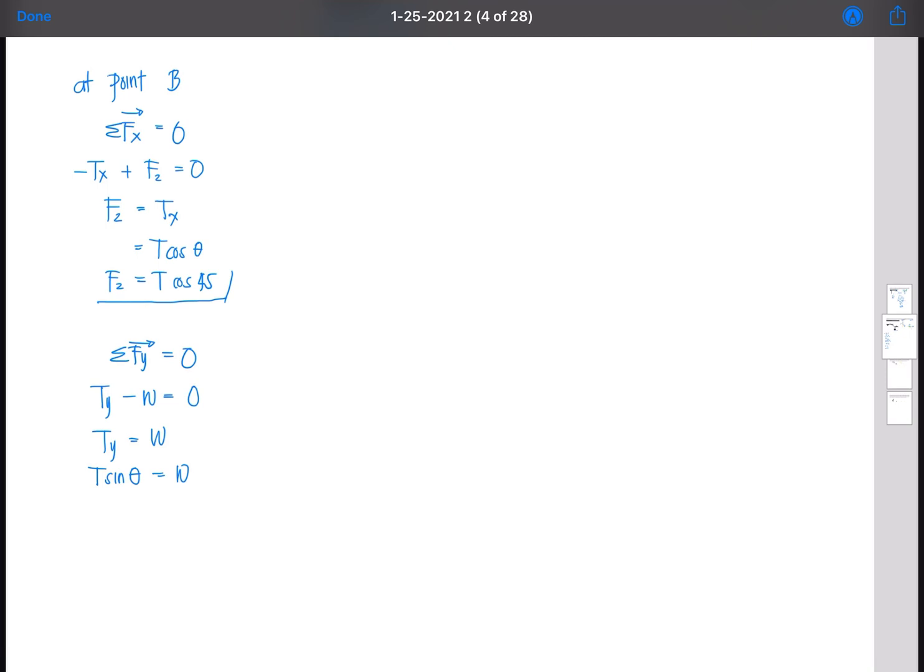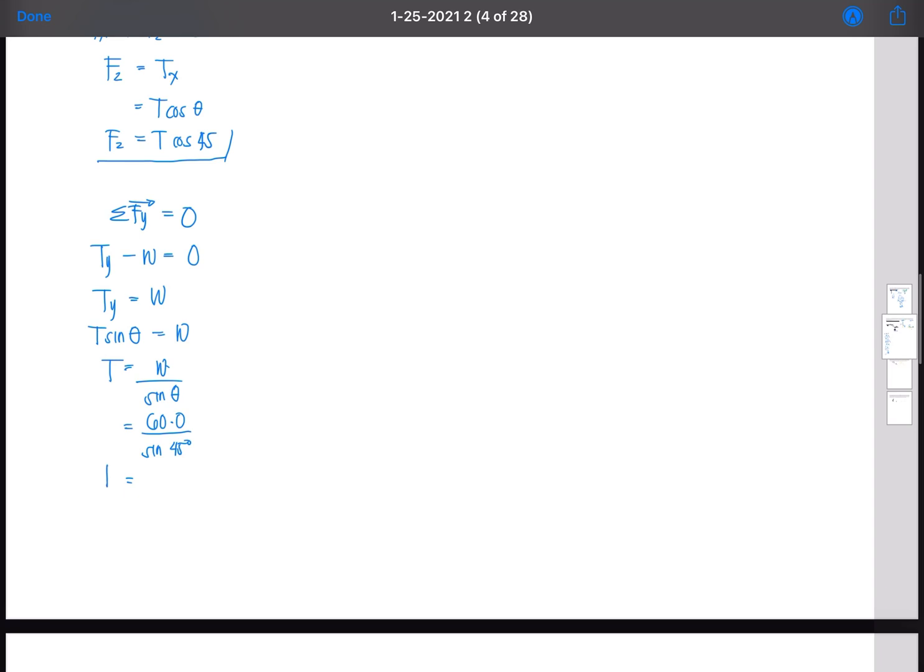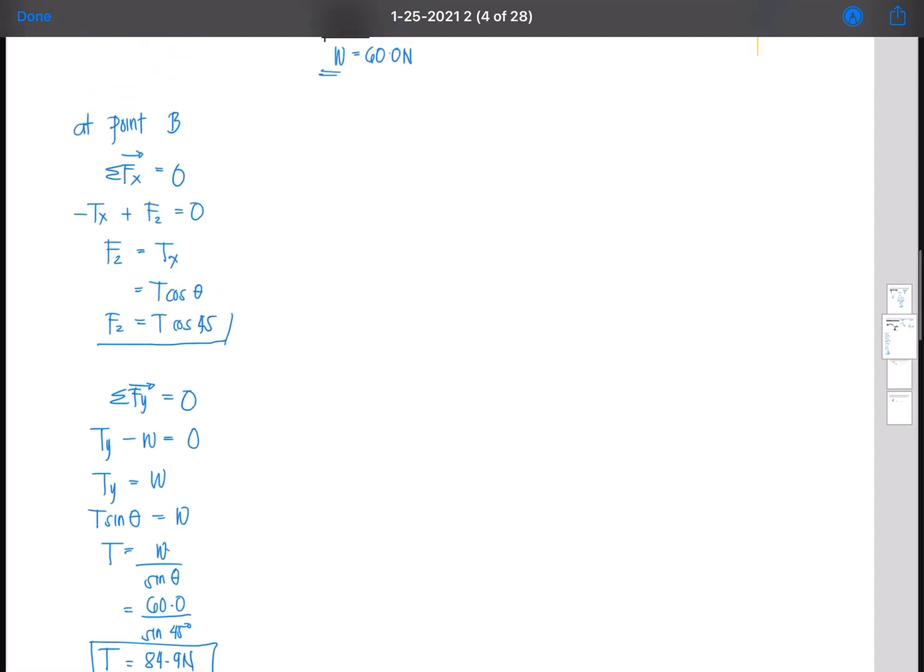So if we isolate T, we can actually solve for T already. T is equal to W divided by sine theta. Substituting the values, 60 newtons divided by sine 45, the tension is equal to 84.9 newtons. So there we have the value for tension, which is 84.9 newtons.